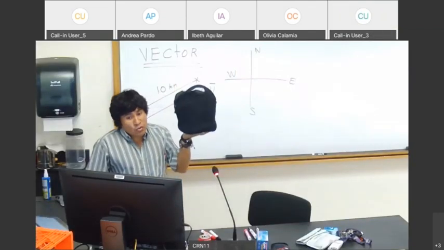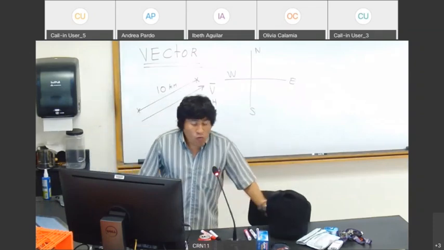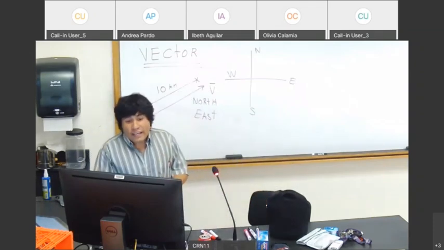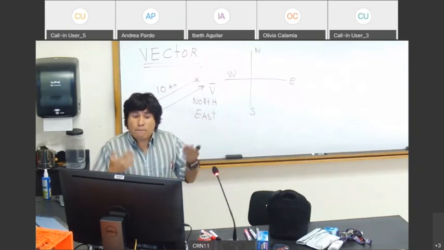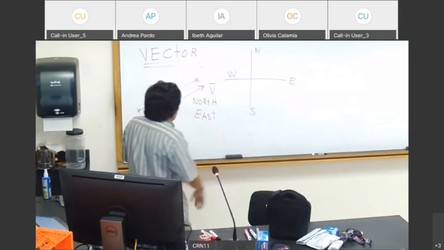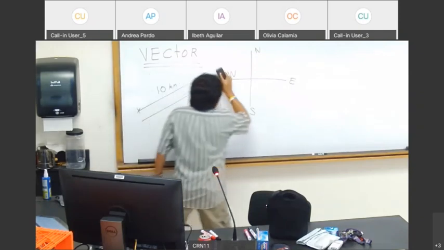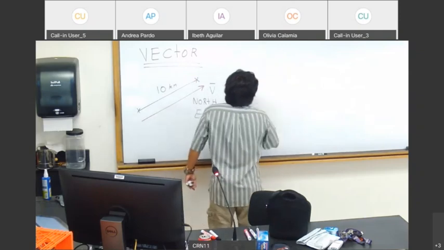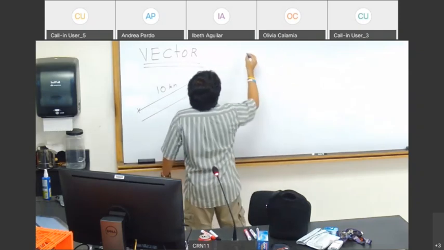So when we start introducing Newton's laws, we need to be comfortable with the idea of vectors, so we can understand the magnitude and the direction of the force. And for motion, obviously, we need to know if a mass is moving to the right or to the left. So let's look at the sign convention.